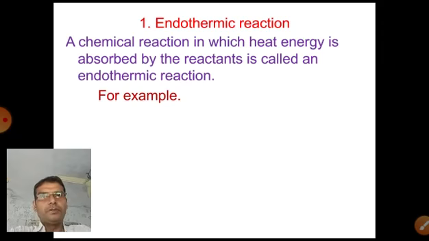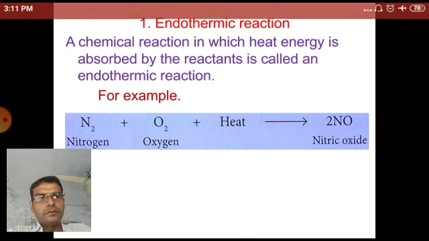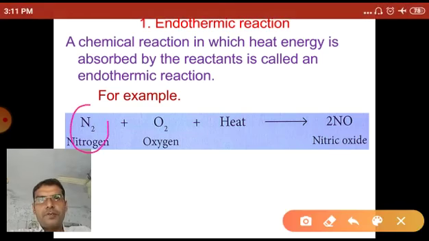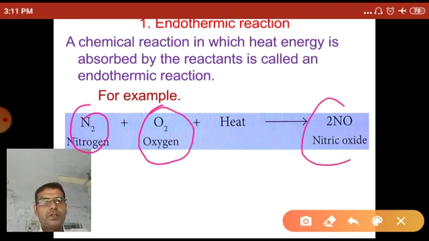For example, when nitrogen gas is heated in the presence of oxygen, then they form nitric oxide. This type of reaction also takes place during thundering in the rainy season.